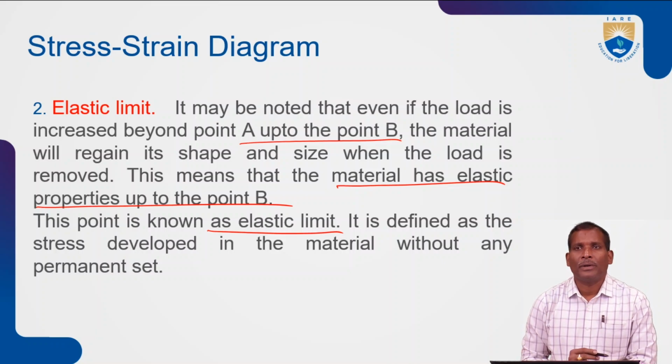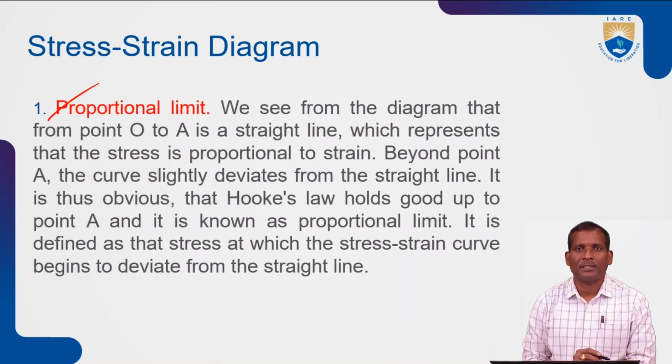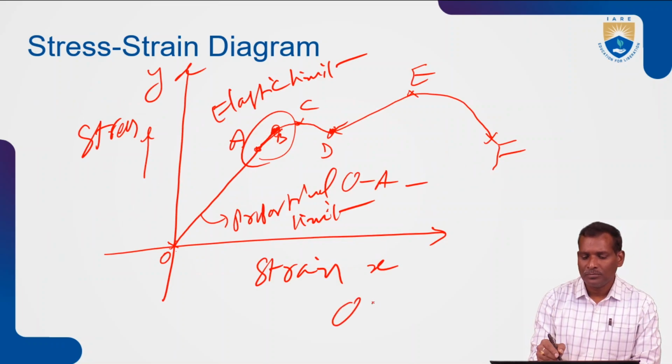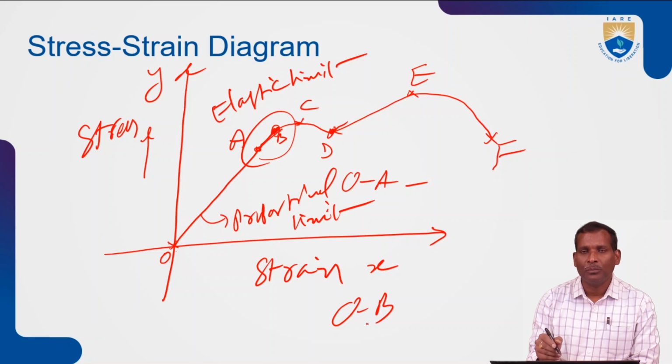The material will regain its original shape within this zone, the elastic limit. So the material has elastic properties from O to B.